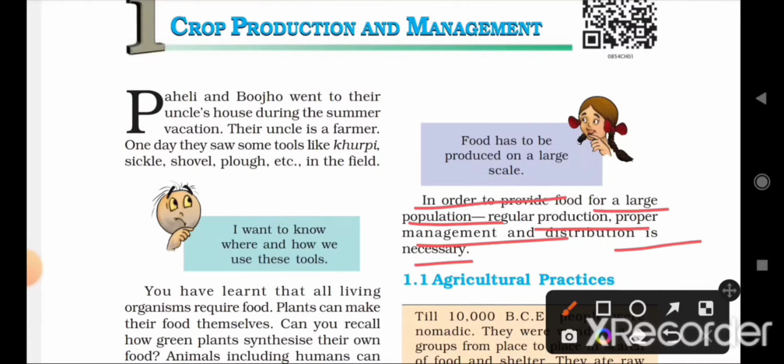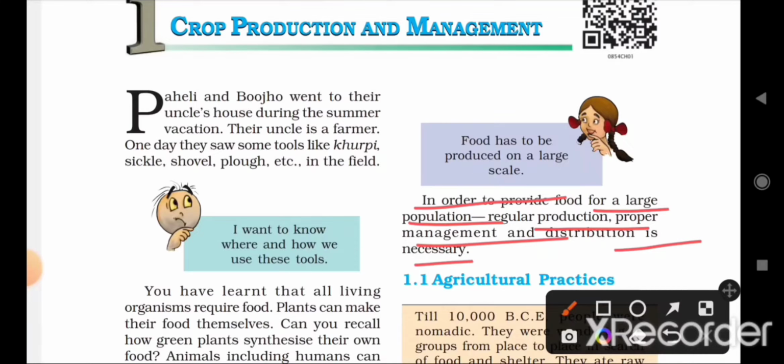It should be maintained with hygiene and proper cleaning, and distributed to each place. All these questions and problems will come, and we have to study how they are managed here.